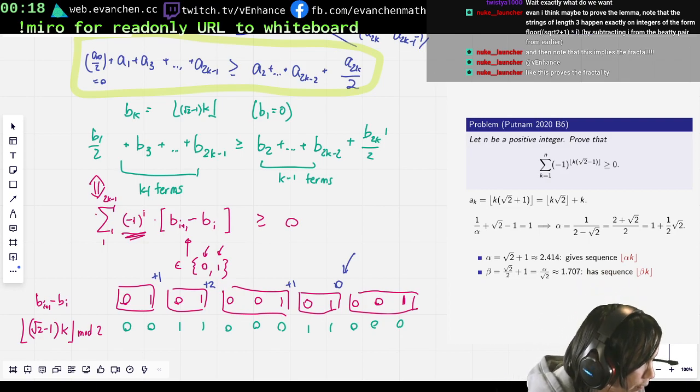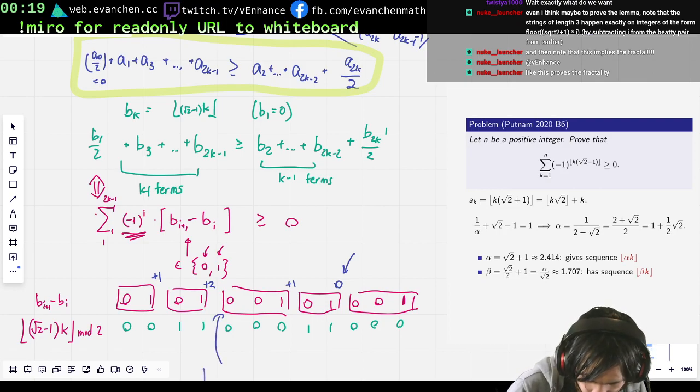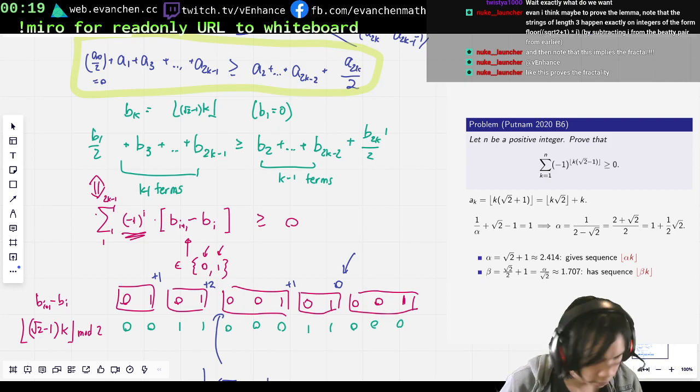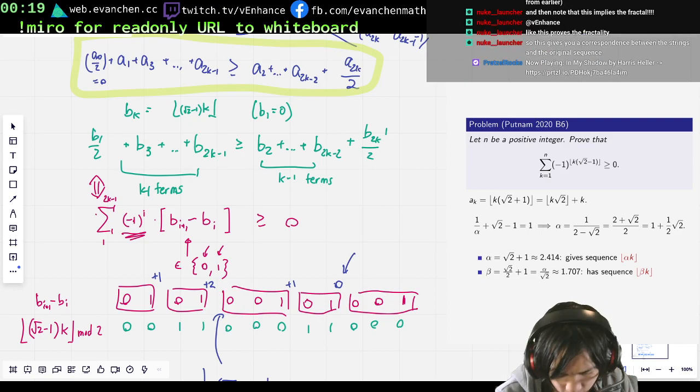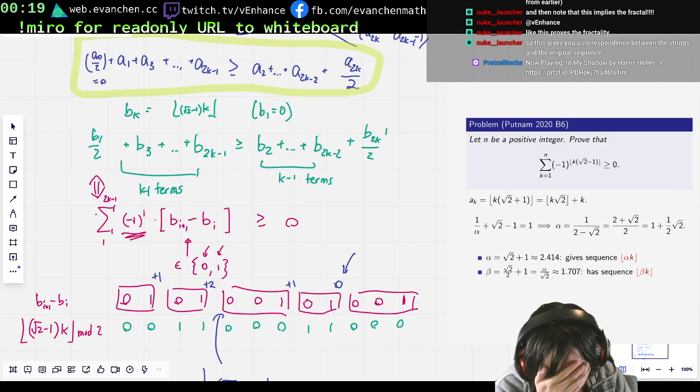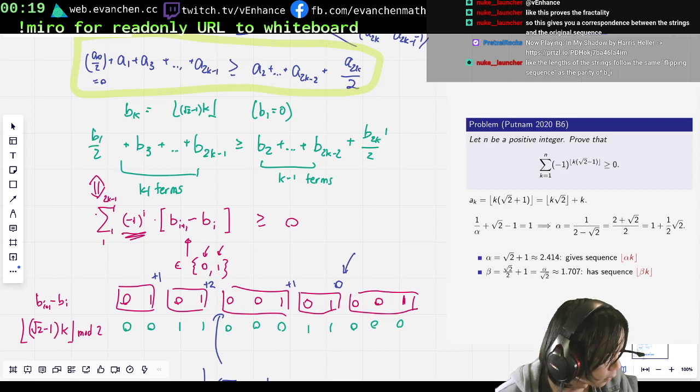Strings of length 3 happen on integers of the form 4 root 2 plus 1 I. I see. Okay.